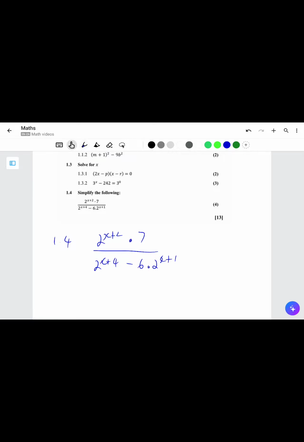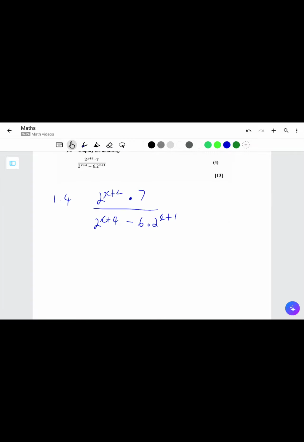Alright, so here we can start by saying that 2 to the power of x plus 2 can be written as 2 to the power of x times 2 to the power of 2 times 7, all over. And here we can quite simply see that there is a common factor of 2 to the power of x, right?